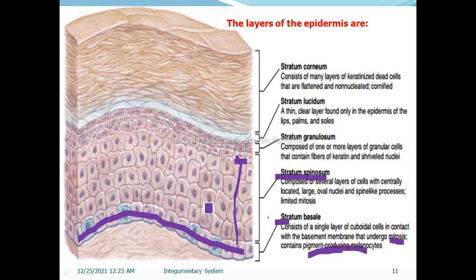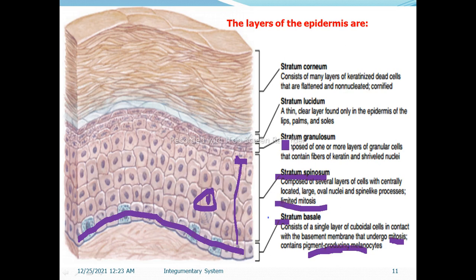The nucleus is centrally located in the cell, a large oval nucleus, with spine-like processes and limited mitosis. In this area the cell division function decreases and stops, so there is limited cell division.